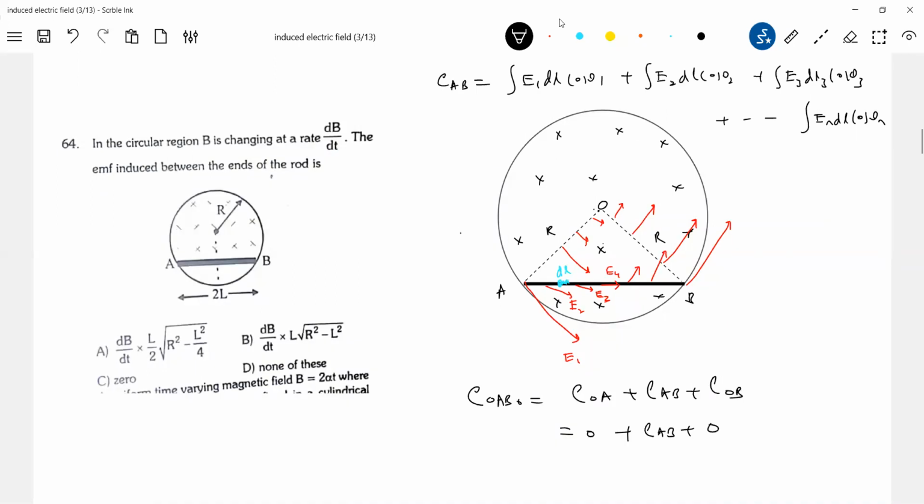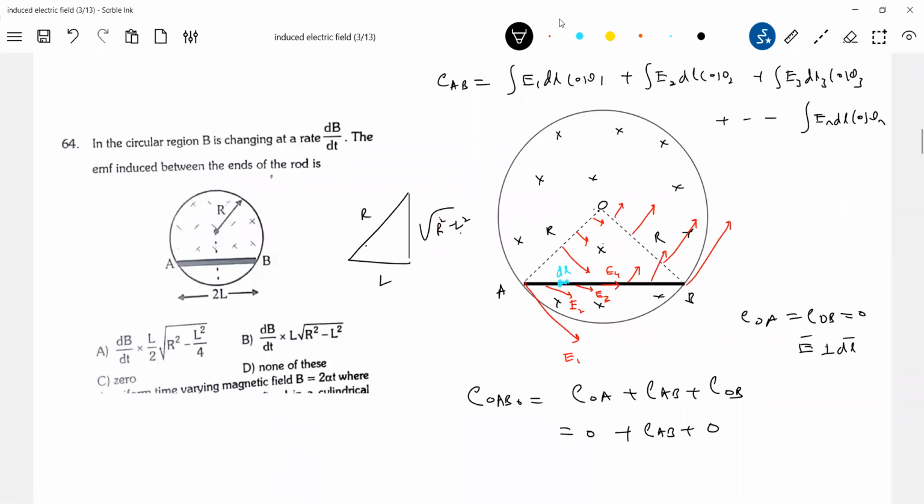Why 0? Because E bar is perpendicular to DL at all points. So the area of this triangle: the length is 2L, so this is a triangle with L, this is R, and the height is root of R square minus L square.